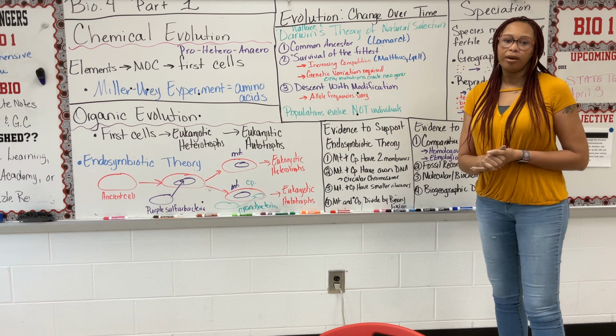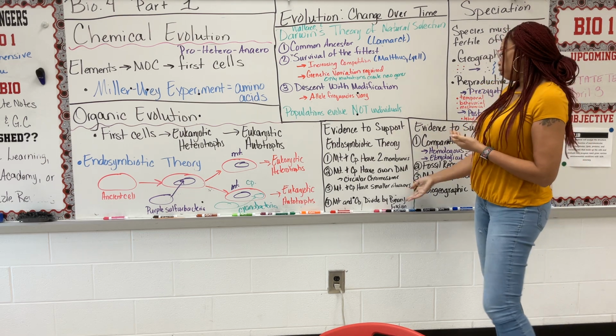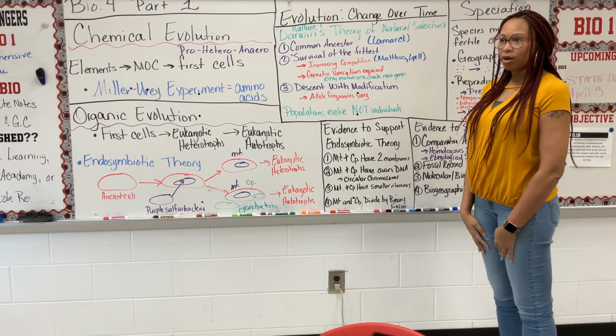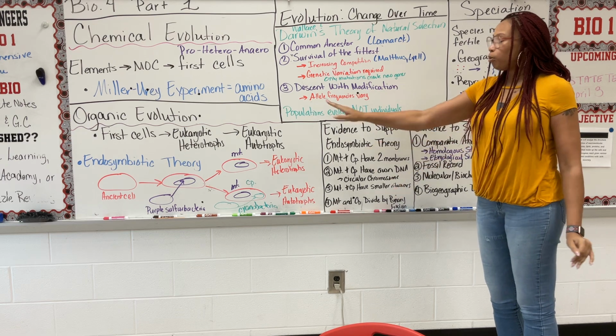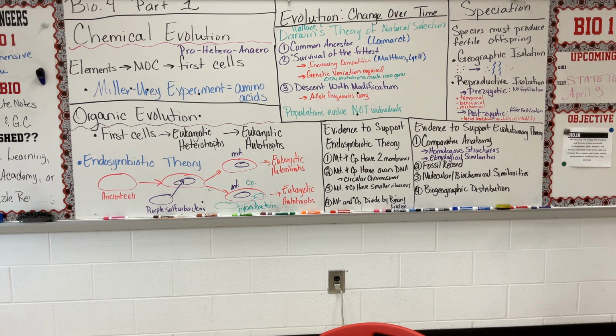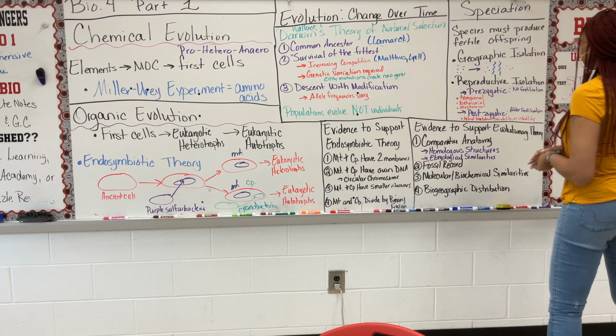Mitochondria and chloroplasts, however, are able to divide independently of the cell cycle, and they do so through the process known as binary fission. What else do we know divides through binary fission? Prokaryotes. So, this is the evidence that supports the endosymbiotic theory, that mitochondria and chloroplasts were developed through a cell engulfing another cell and developing a symbiotic relationship.